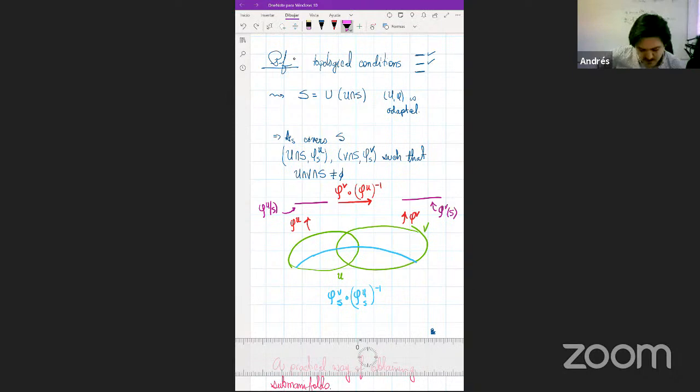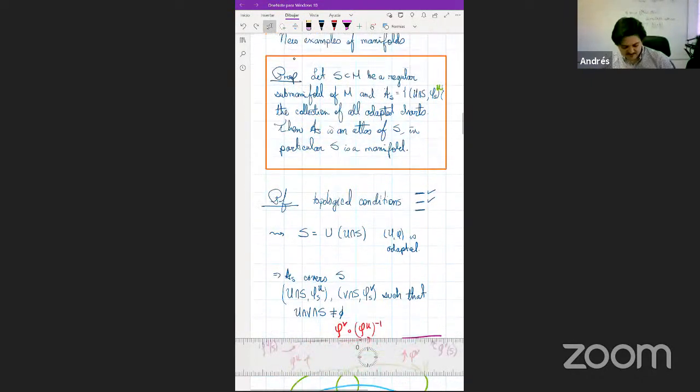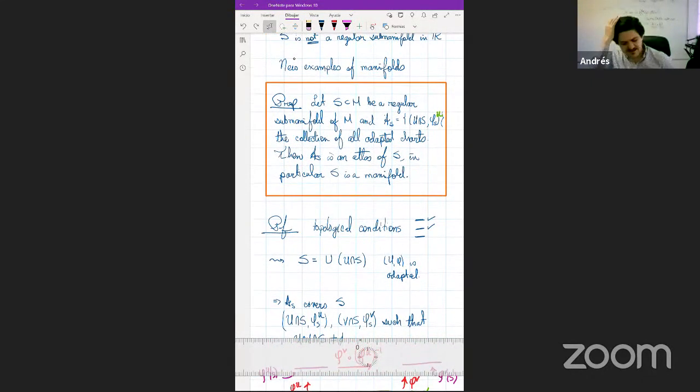Okay, so regular submanifolds are manifolds on their own, but sometimes it is important to keep in mind that they are inside some bigger manifold. So this is nice and everything. We have a new way of creating manifolds, if I know that something is a regular submanifold.